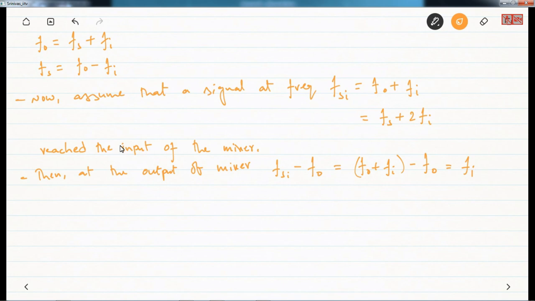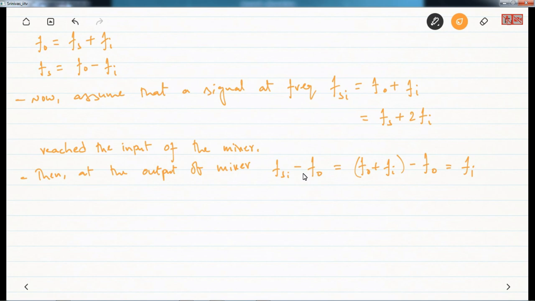So at the output of the mixer, we'll have another IF frequency, but this IF frequency corresponds to the incoming frequency at Fsi, not the incoming frequency at Fs. Now assume that this Fsi is a carrier signal corresponding to another radio station, and that somehow reaches the input of the mixer.